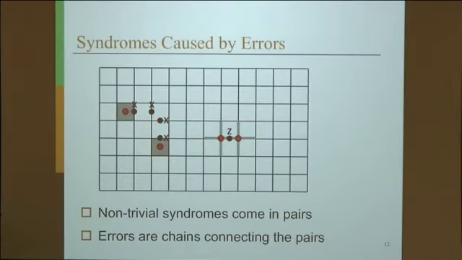And then it is easy to see that these syndromes occur at endpoints of strings of errors. So if we have a string of X errors, then at the endpoint of the string of errors, there is going to be a non-trivial syndrome. The same for Z errors. There is this star syndrome here and here, which detects that there is this string of errors consisting of a single Z error here.